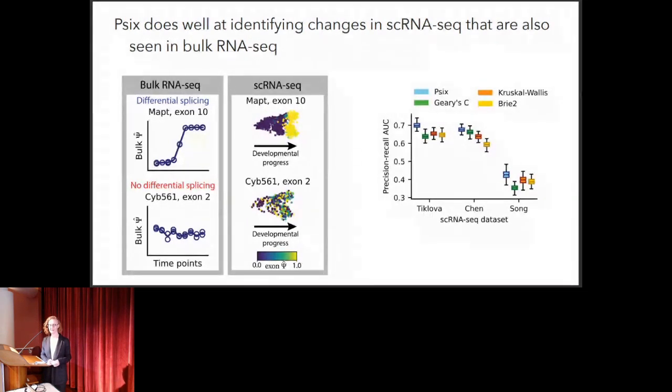And then at the bottom is an example of an exon that does not change in the bulk data, and the single-cell data shows high variance like we've been talking about, but no real change.